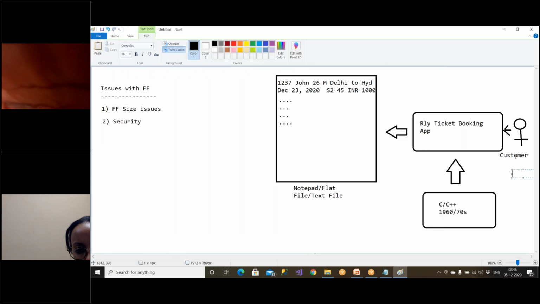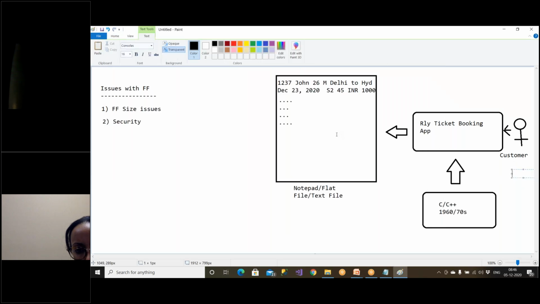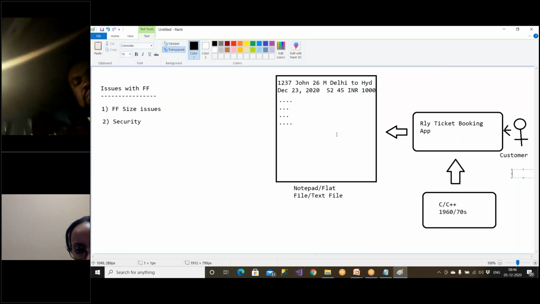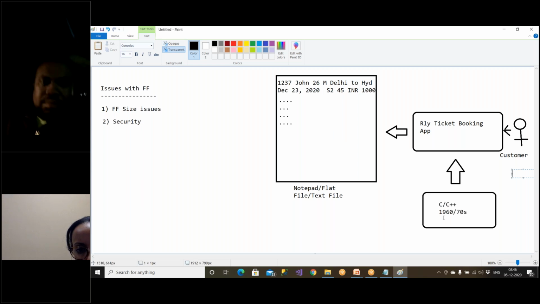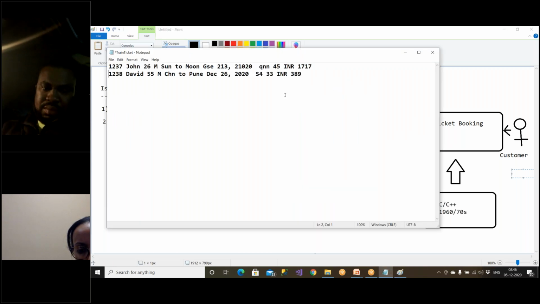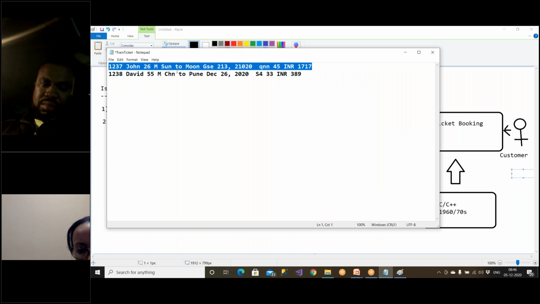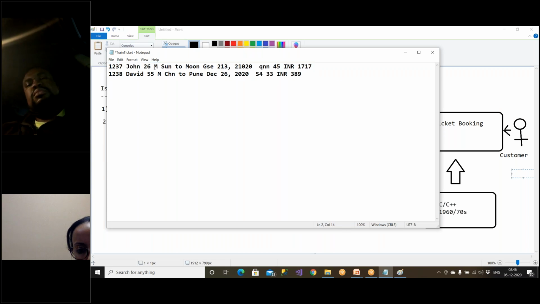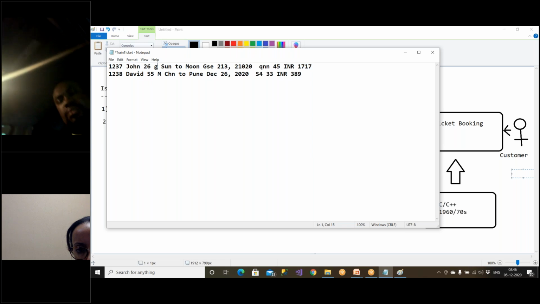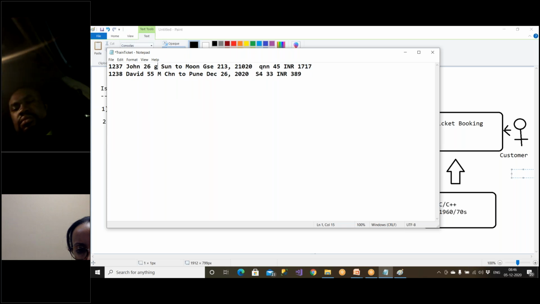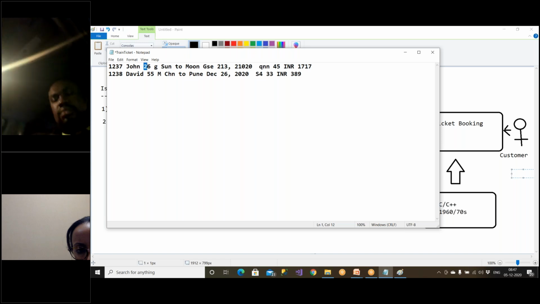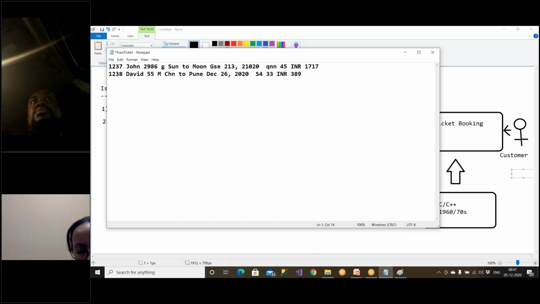Tomorrow, the same customer comes and asks, sir, I lost my printed ticket. Can you give me one more printed ticket? So you go to the flat file and you print the ticket, and you will get nonsense. Clear? John M and somebody is written as a G. So what is a G? M is male, F is female. What is G? Nobody knows about it. And a 26 years old and somebody is written like this.